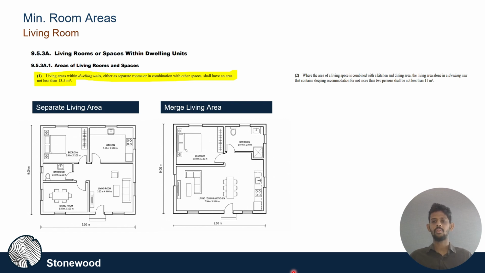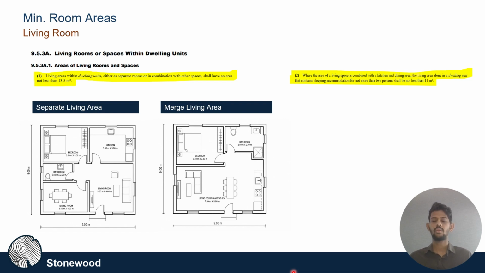And clause number 2 is where the area of a living space is combined with a kitchen and dining, the living area alone in a dwelling unit that contains sleeping accommodation for not more than 2 persons shall be not less than 11 square meter. Okay, it's a long sentence but it's very easy.